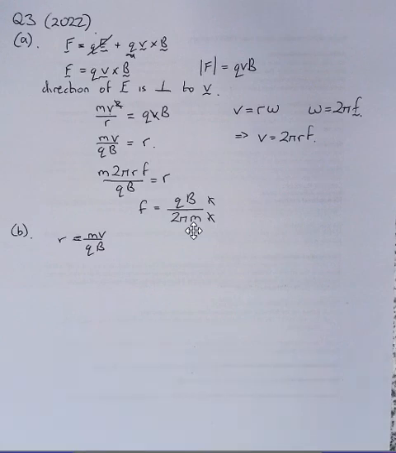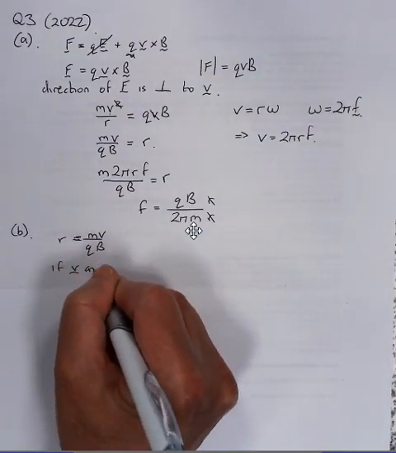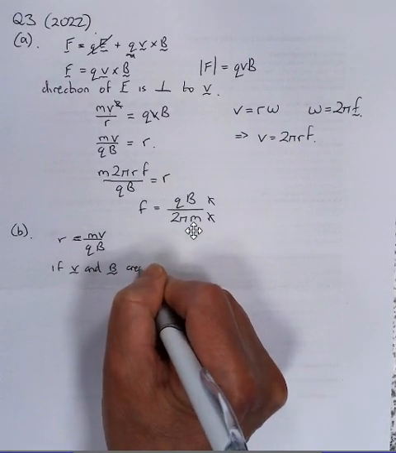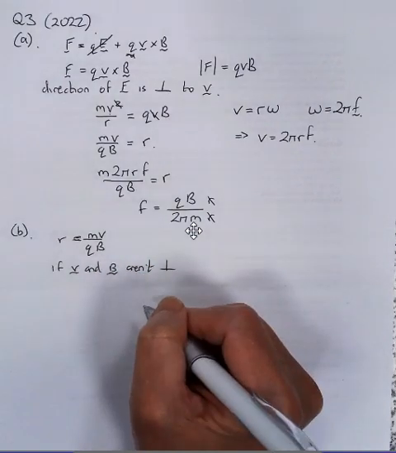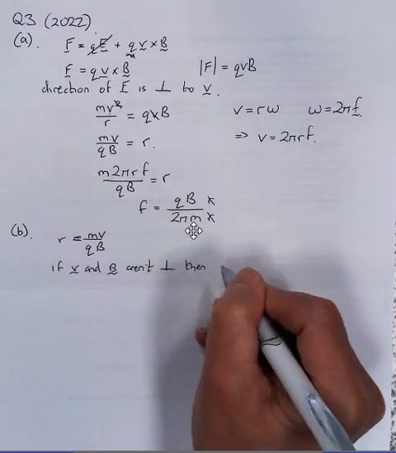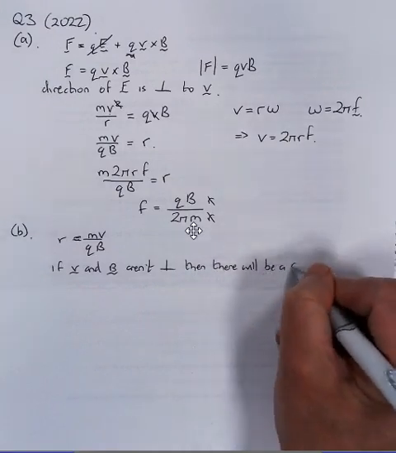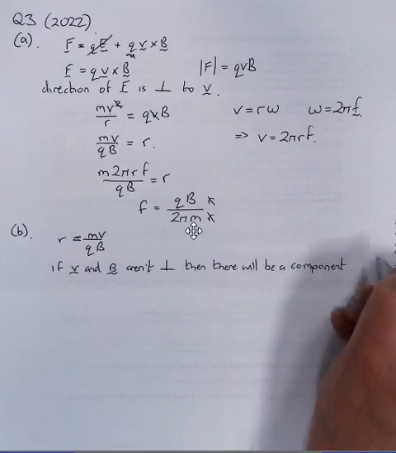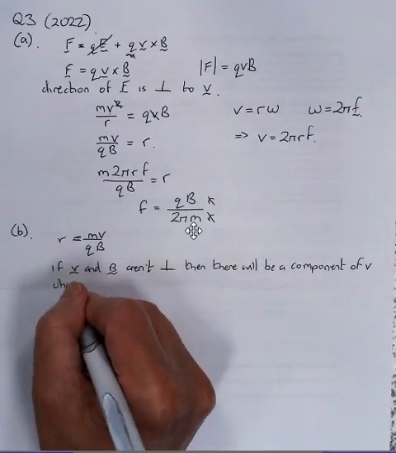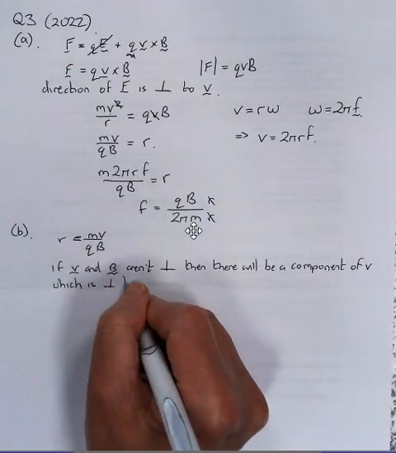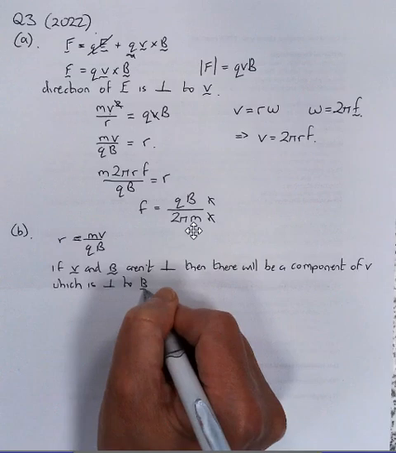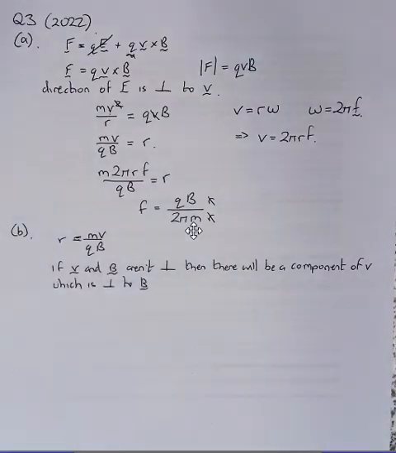So we start out. Okay, so if the field is not at 90 degrees, if v and B aren't perpendicular, then there will be a component of v which is perpendicular to B, and that will produce a form of circular motion.